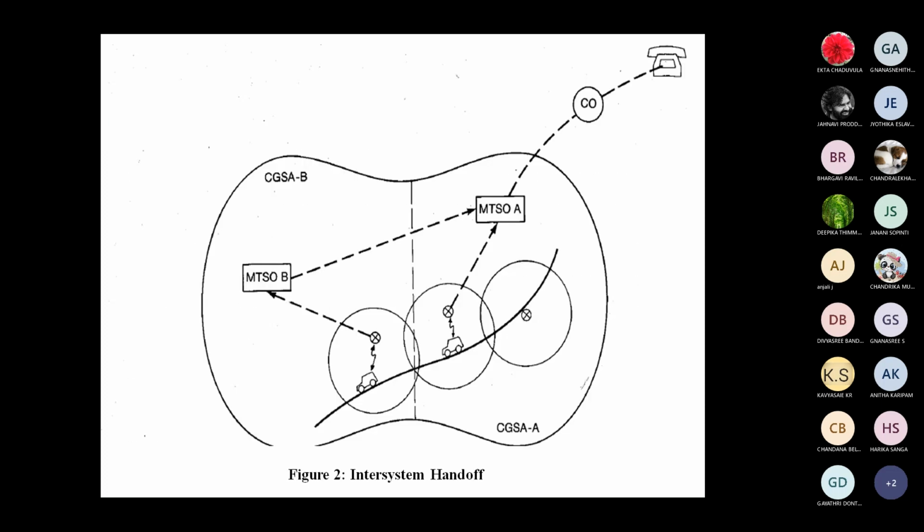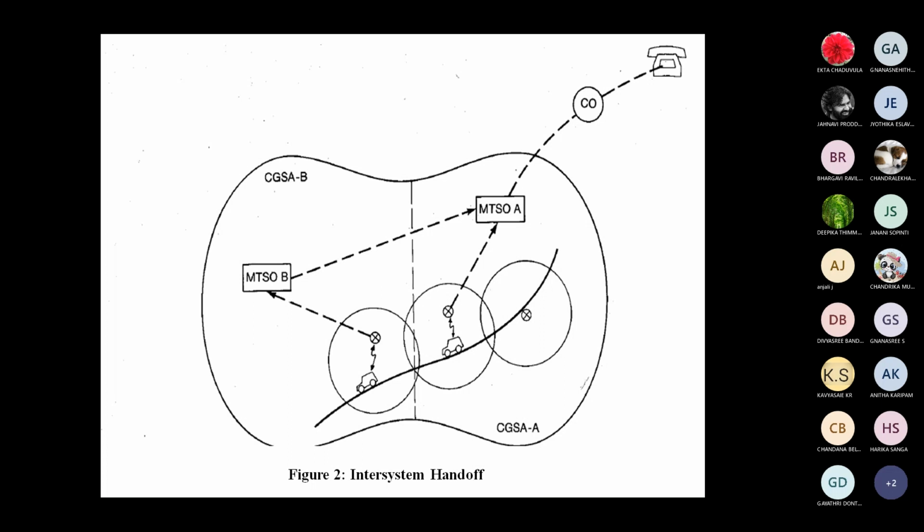See this figure. Assume two MTSOs, MTSO A and MTSO B. The total areas are called the CGSA, Cellular Geographical Service Area A and CGSA B. Now the car, that is the mobile, is moving on a highway road from the MTSO A service area to the MTSO B service area.